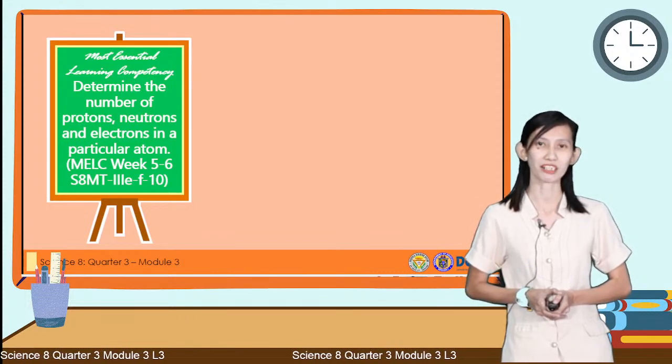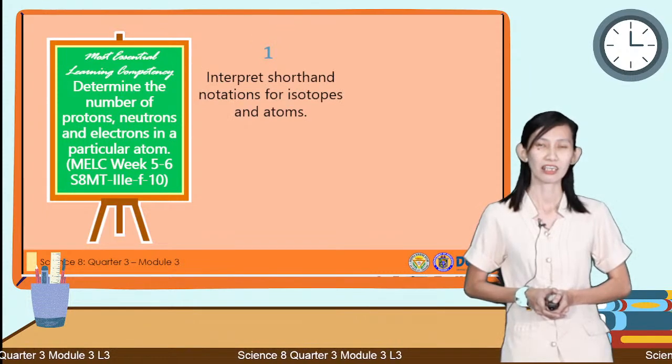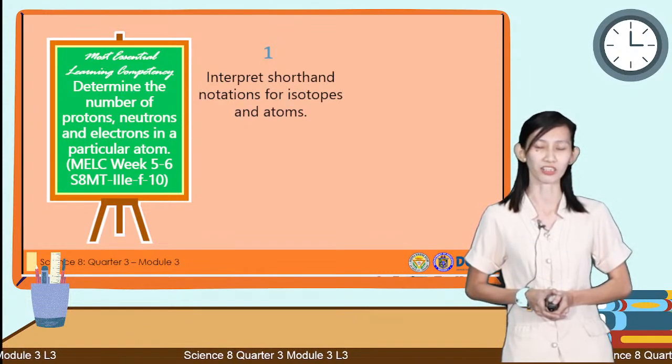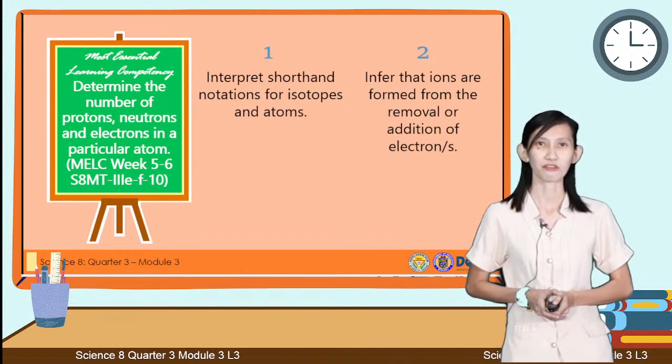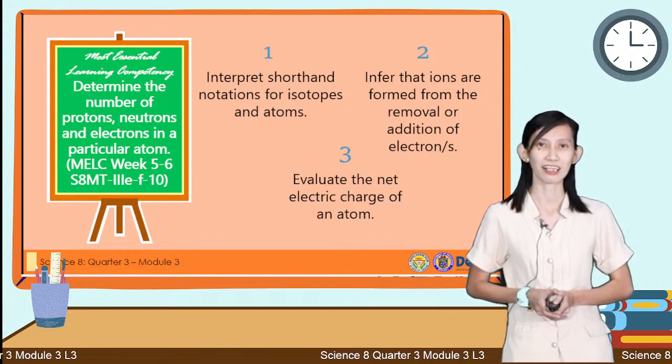Our specific objectives are to interpret shorthand notations for isotopes and atoms, infer that ions are formed from the removal or addition of electrons, and evaluate the net electric charge of an atom.